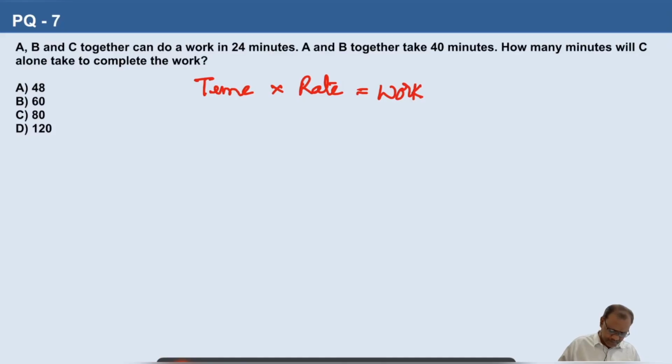So we have A plus B plus C, and A plus B. A plus B plus C, 24 minutes. A and B together 40 minutes.